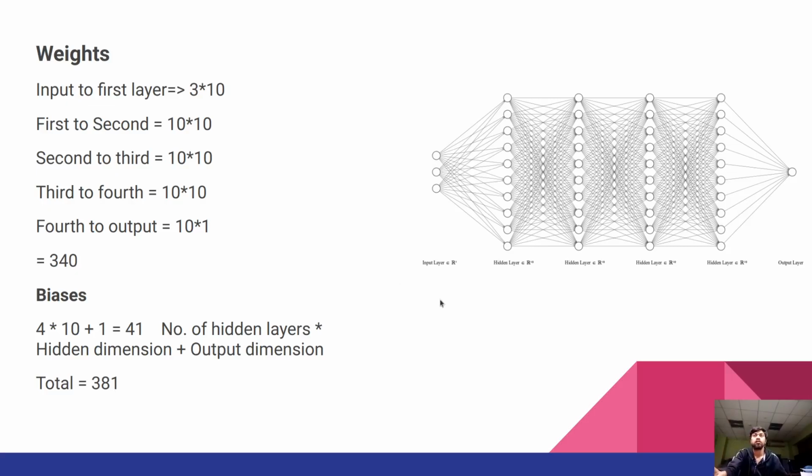Sir, I have a doubt. I think the bias factor is different for each and every layer. Is it like that, or for hidden layers is it the same? No, it is different for everything. Yeah, because the activation function depends upon that, na? Yeah. So why here are we using 4 into 10 plus 1?